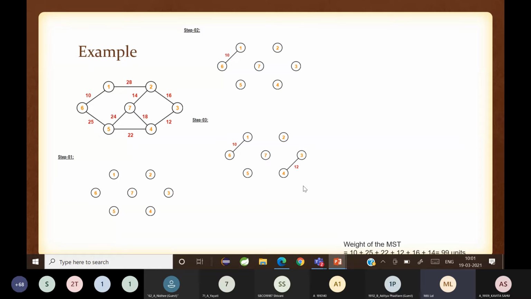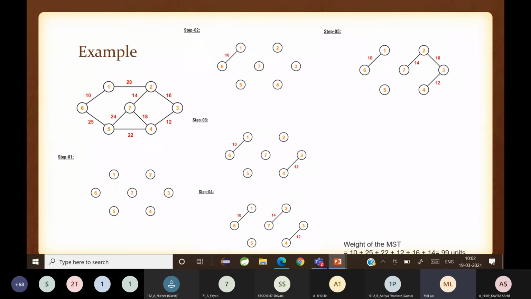So that is the next step. After 12 comes 14, and after 14, 16. Then 18.